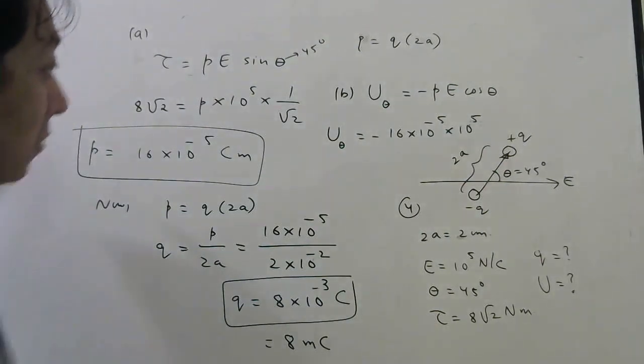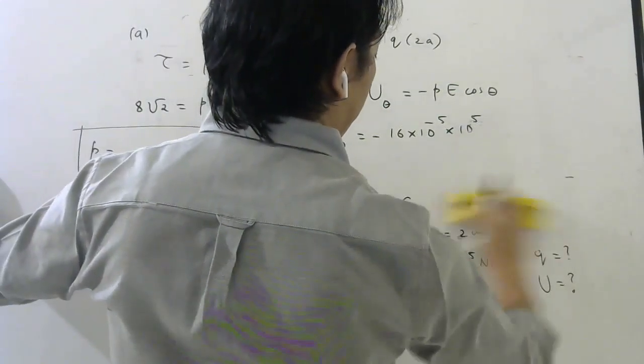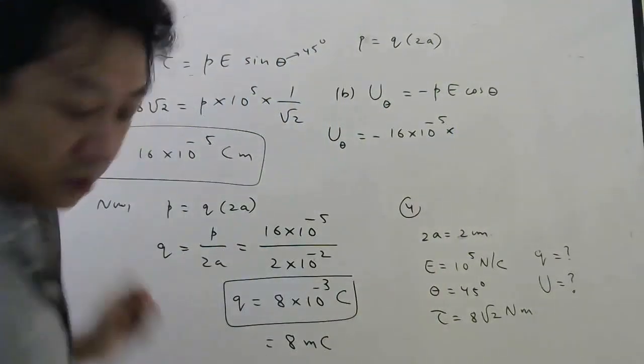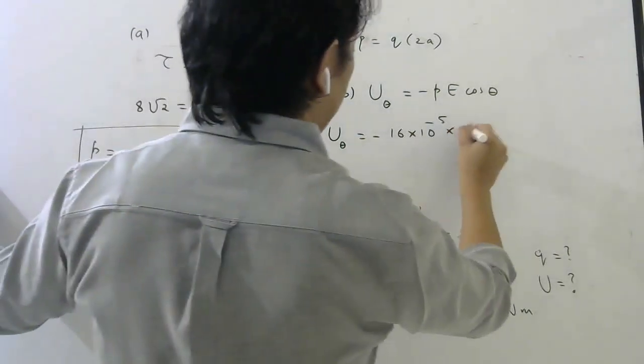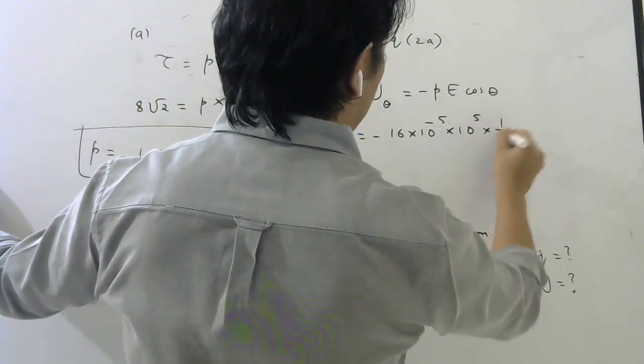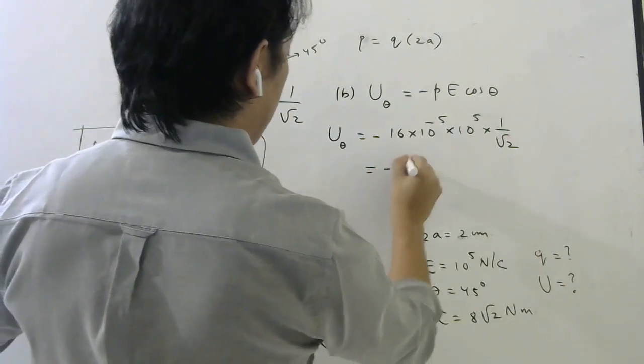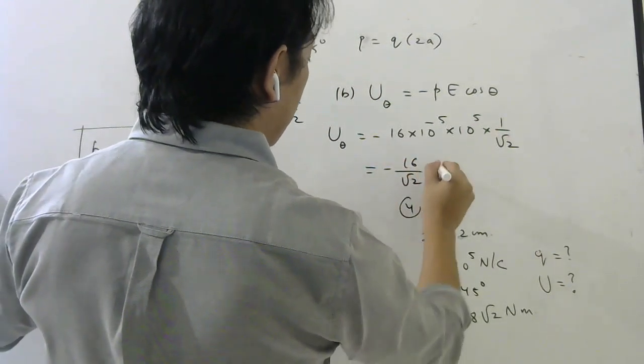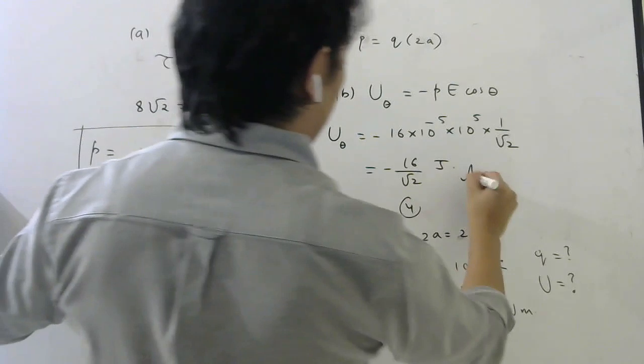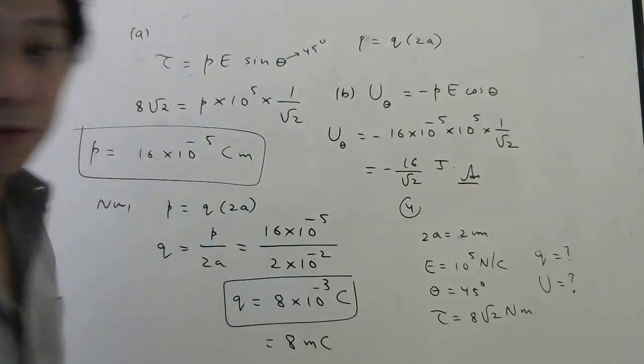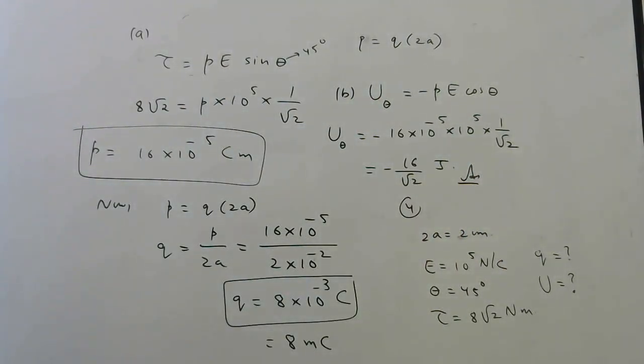Theta is 45 degree. So if you substitute 45 degree, you get 1 by root 2. So it is minus 16 by root 2 joules. So that would be the answer. You can divide by 1.414 and check what will be the answer.